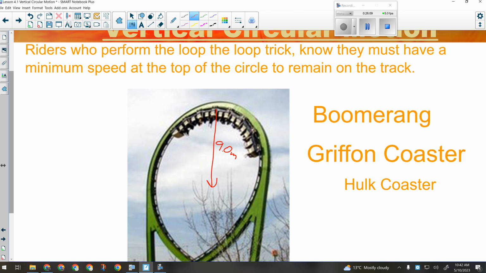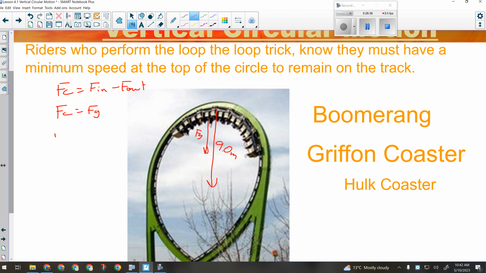This is exactly the same calculation that that girl did for Damian Walter's loop trick. She just said forces in minus forces out. She identified the forces: gravity, and that's it. There are no other forces. The roller coaster's not pushing on the track. There are no forces out.